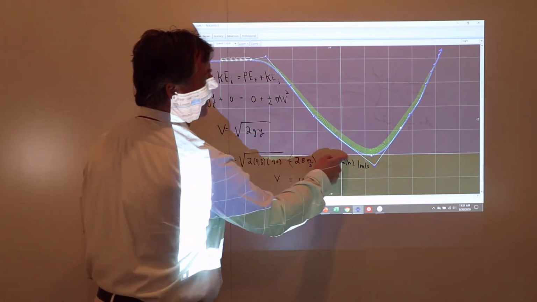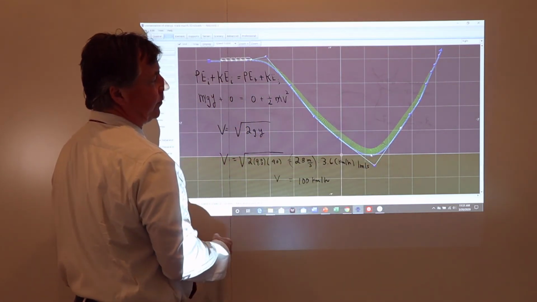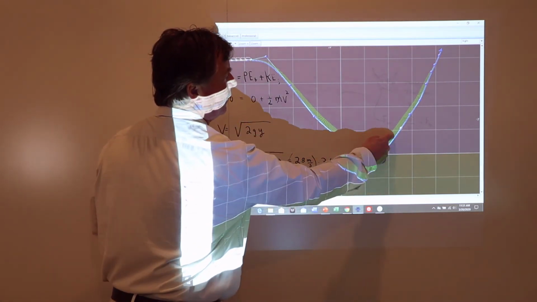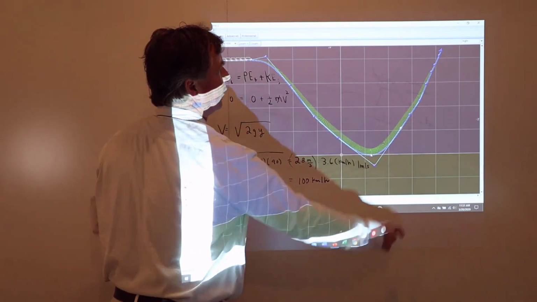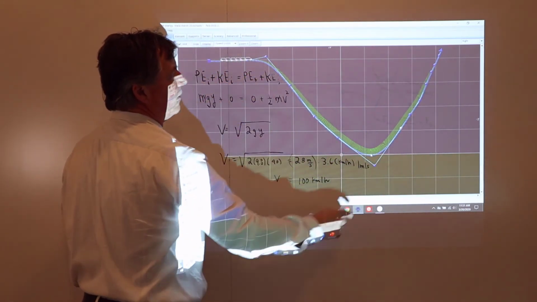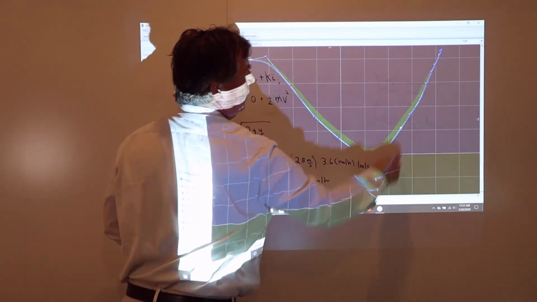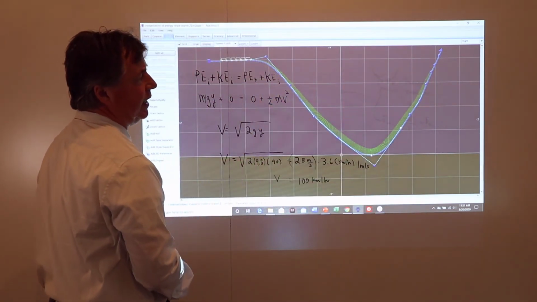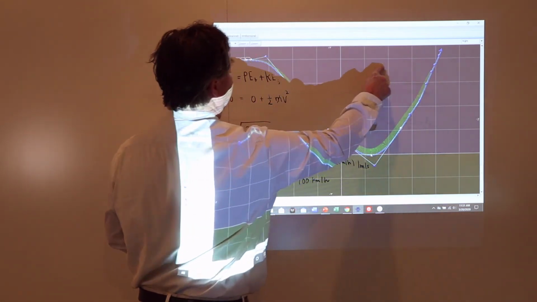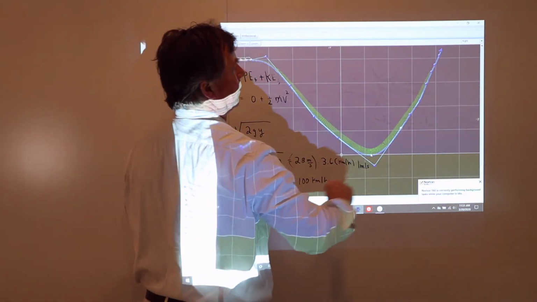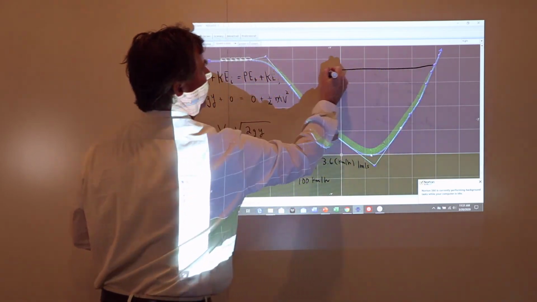Then as it makes its way back up the track, the kinetic energy is converted back to potential energy and the velocity drops. And you'll see here that it never quite makes it back to the top. How do I know that? Because the green spikes, which again represent velocity, go to 0 at about this point.